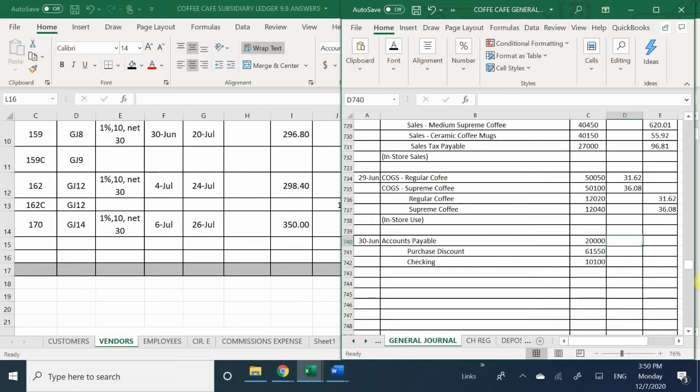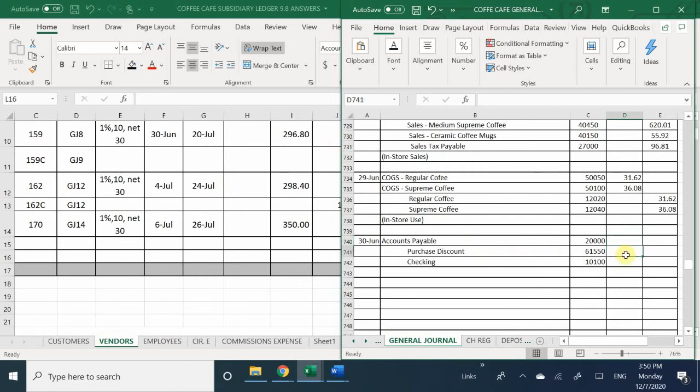So, in the purchase expense, the purchase discount, excuse me, was the $1.87. Okay.